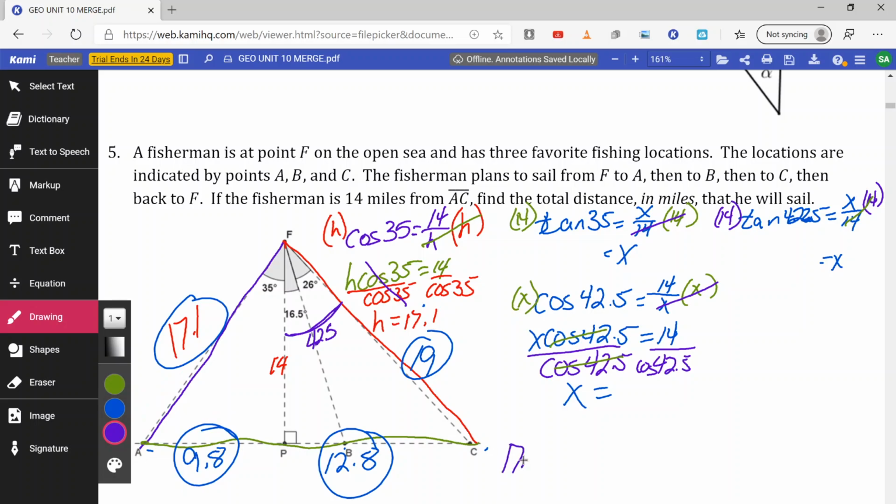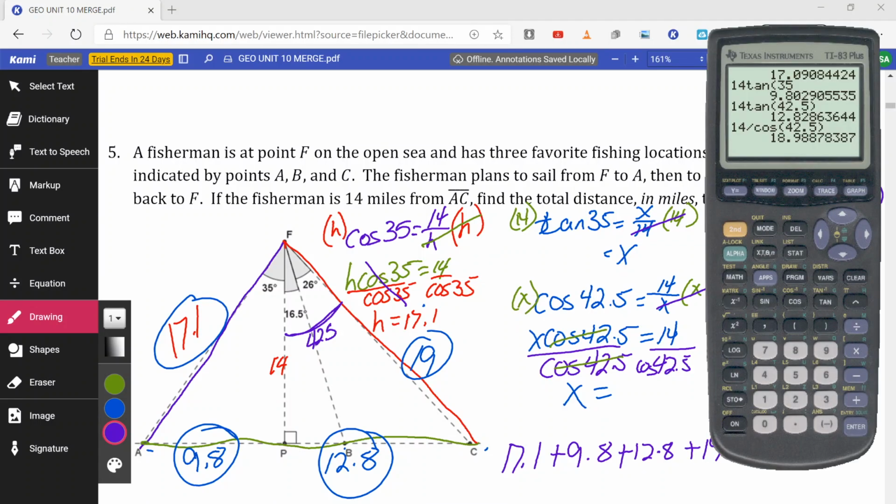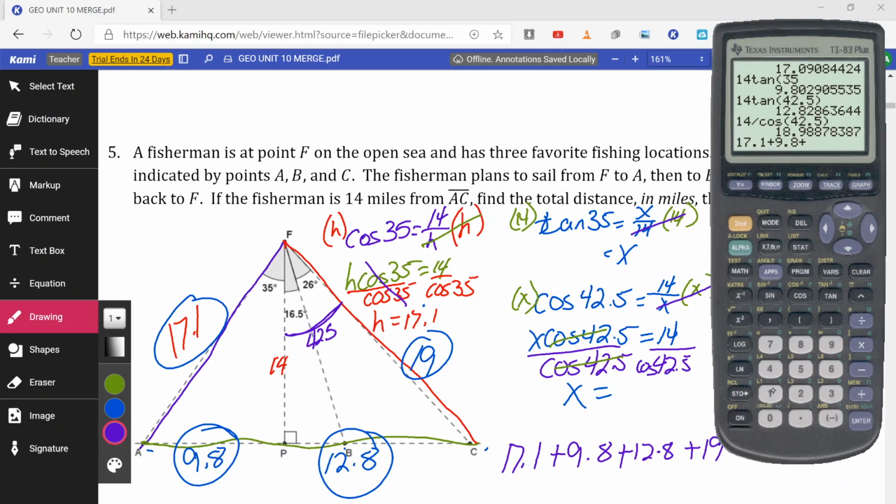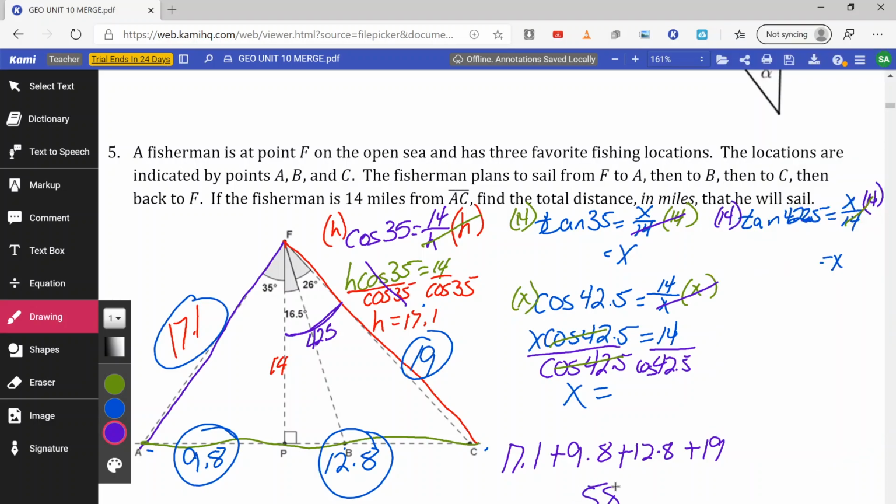So 17.1 plus 9.8 plus 12.8 plus 19, for a round trip total of 58.7 miles.